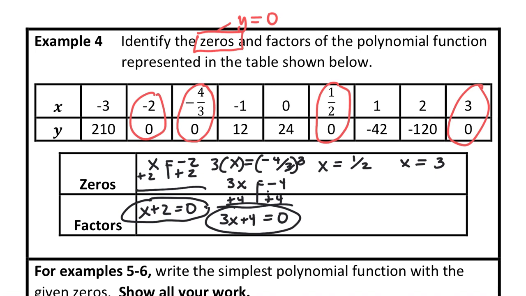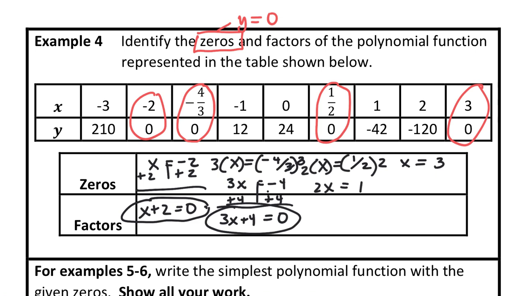What's the opposite of dividing by 2? Multiplying by 2. So here I get 2x equals 1, since 1/2 times 2 is 1.